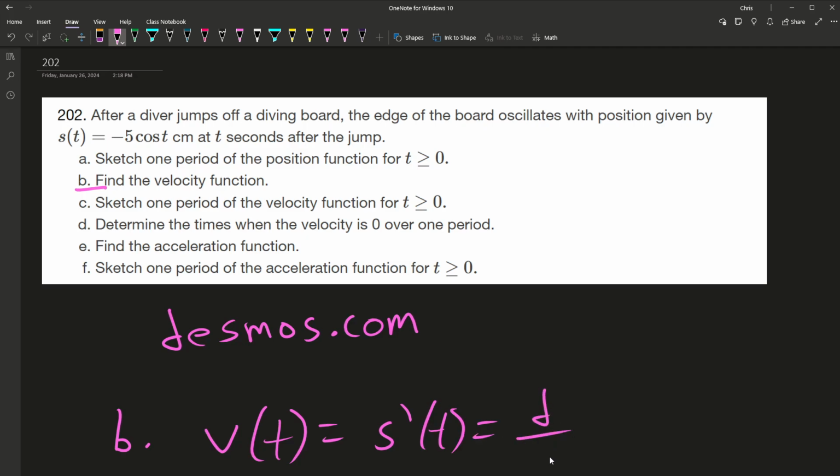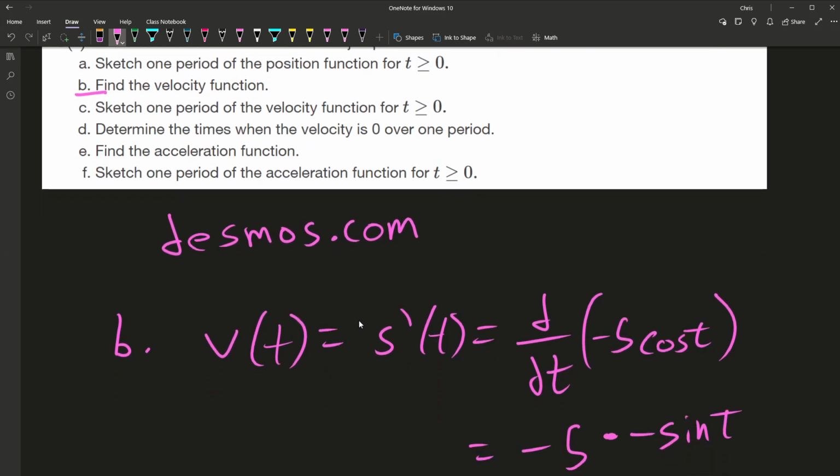This is going to be whatever I get from the derivative with respect to time of -5 times cosine of t. This is going to be -5 times negative sine of t, or positive 5 sine of t.